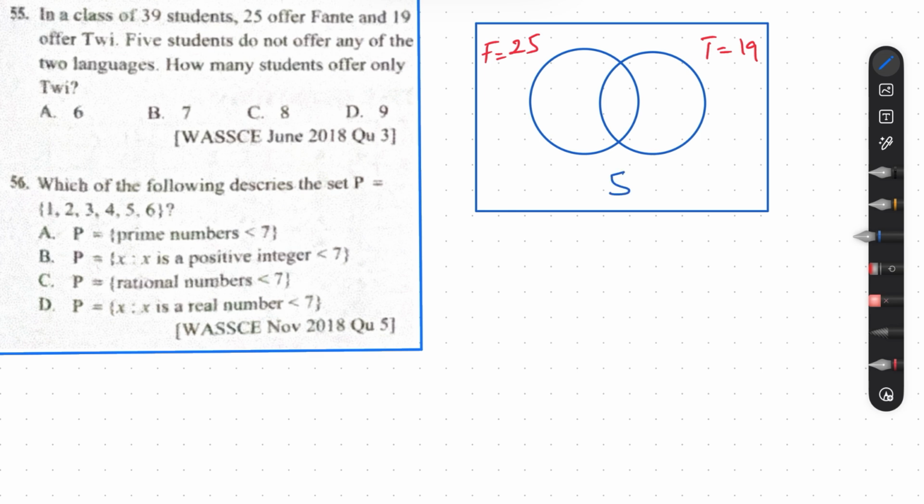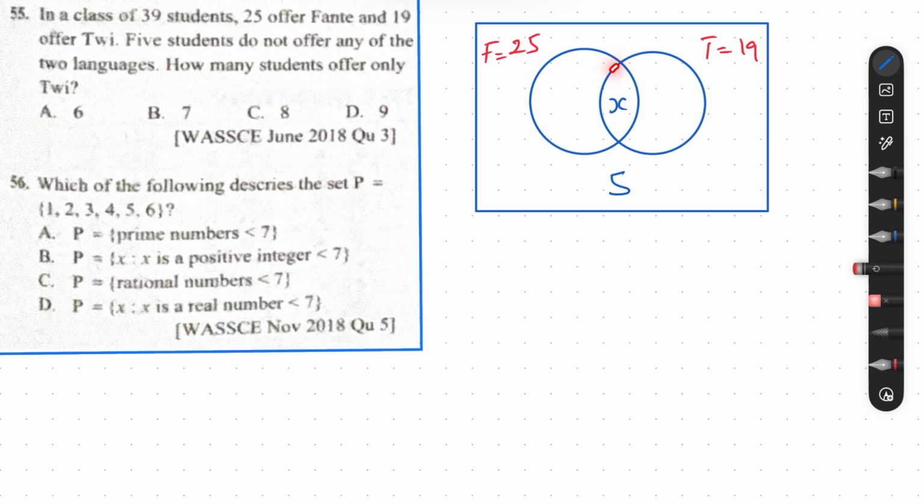5. Okay, so now let's find the intersection here. Let's put x. Okay, so now since we put x here, that means this side will be what? 25 minus x. Okay, because this whole circle is 25. So if you want to find only this side, it needs to be 25 minus this x.